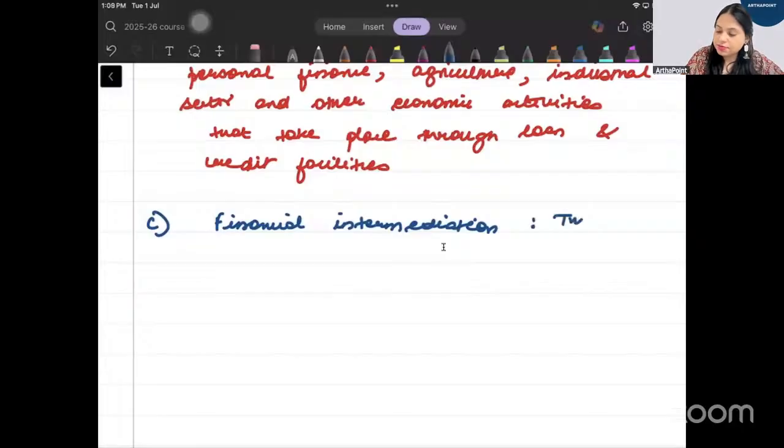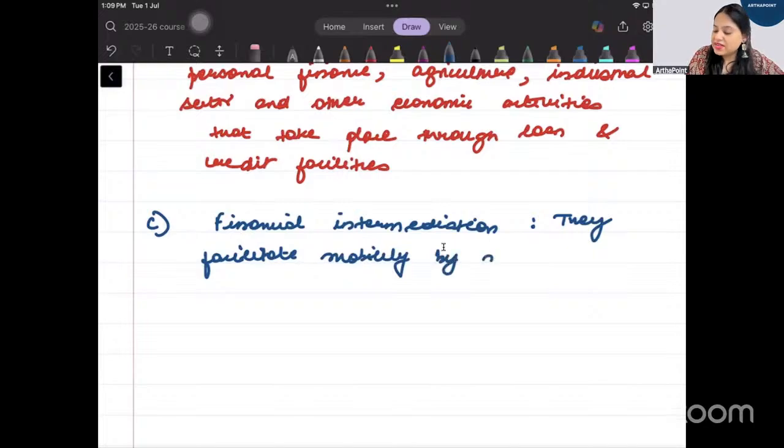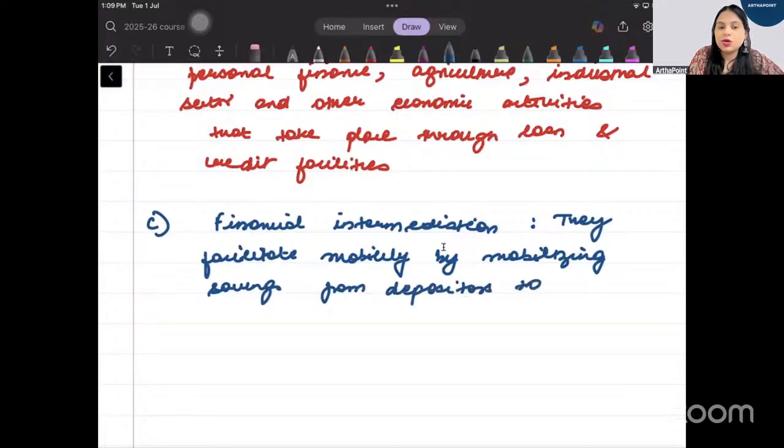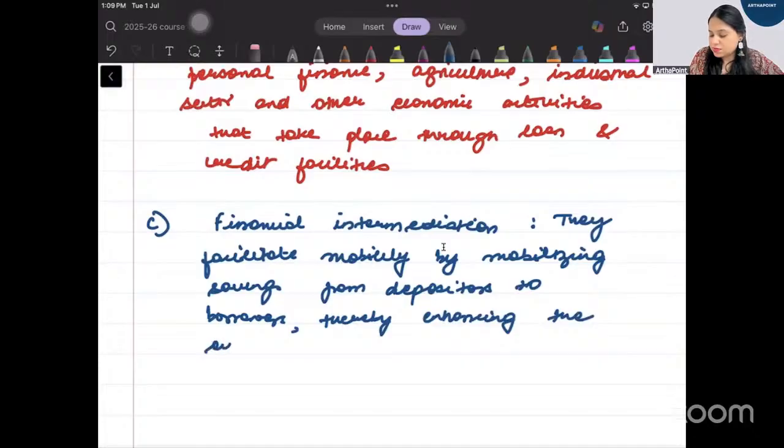So they facilitate mobility by mobilizing savings from depositors to borrowers, thereby enhancing the economic efficiency.